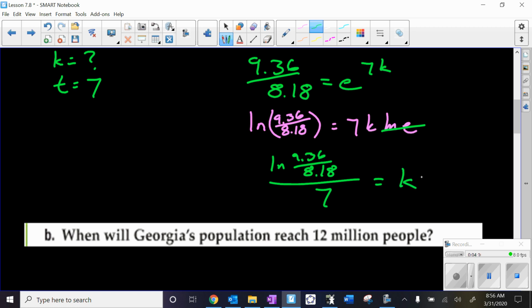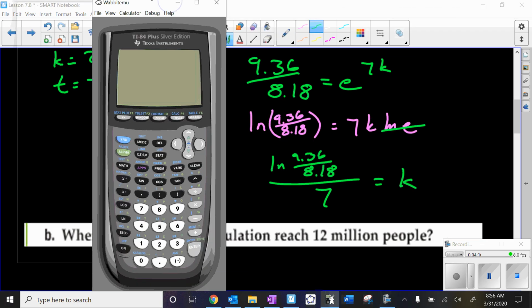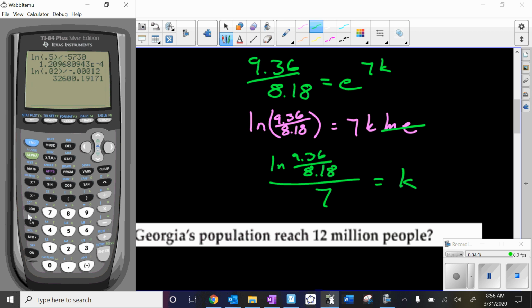You can plug that into your calculator. I'm going to do the same. Natural log of 9.36 divided by 8.18. Close it off, then divide by 7.